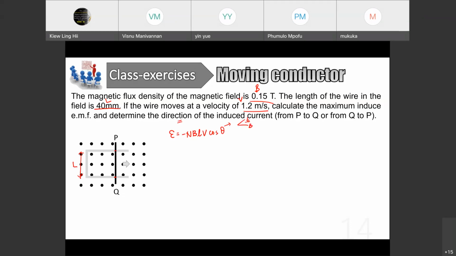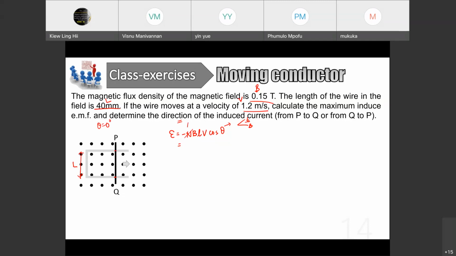So the angle here is equal to 0 degrees, right? Magnetic field is coming out from the page, and the normal line is also in the Z dimension, so 0 degrees. Since the number of turns is not given, by default it is equal to 1. And usually for a moving conductor it is only 1 turn, because only 1 round.